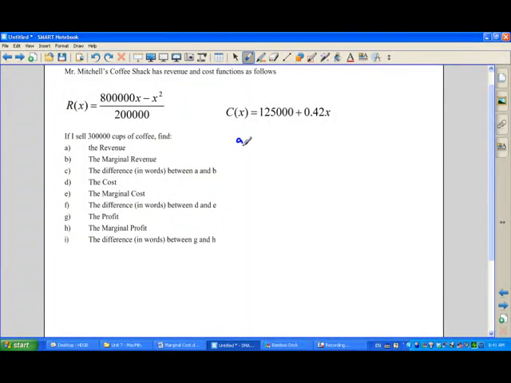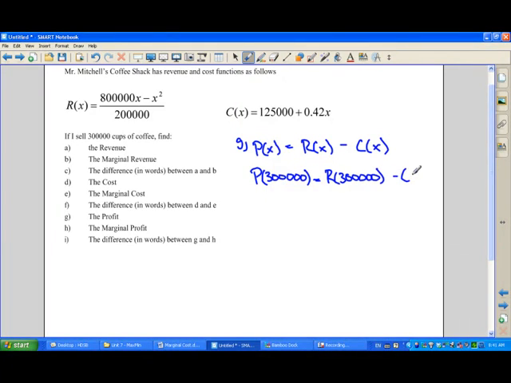Lastly, profit. Profit is equal to revenue minus cost. For finding profit at 300,000 units, that's going to be equal to the revenue at 300,000 units minus the cost at 300,000 units, and we've already solved for those numbers.